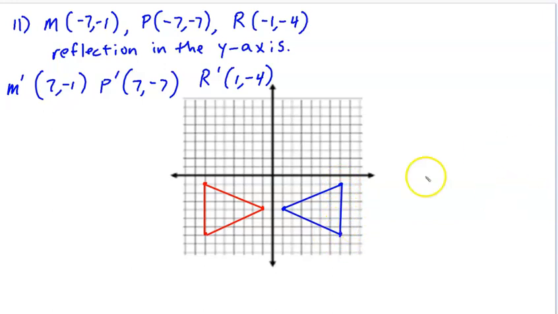I'll just go ahead and label. So this was M, P, R, R prime, M prime, P prime.